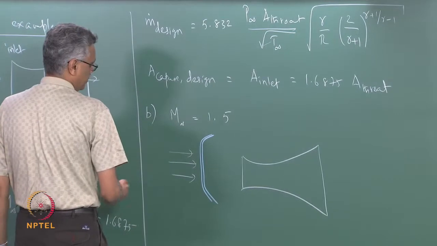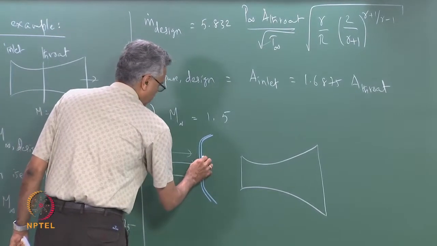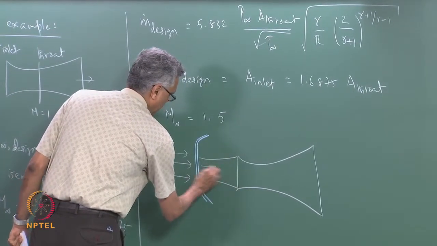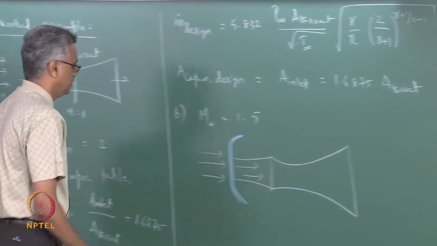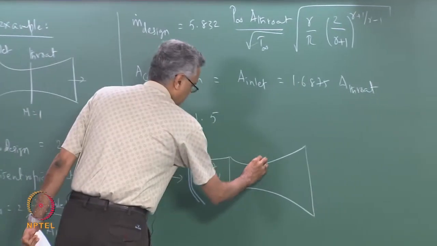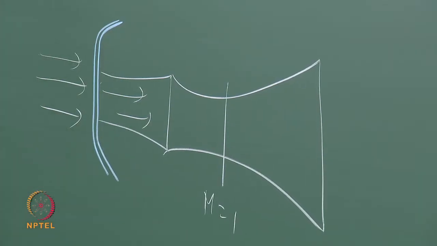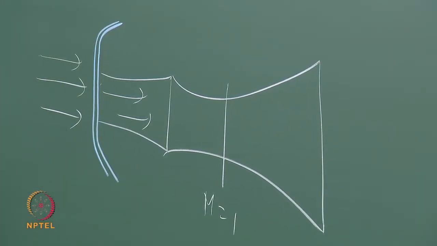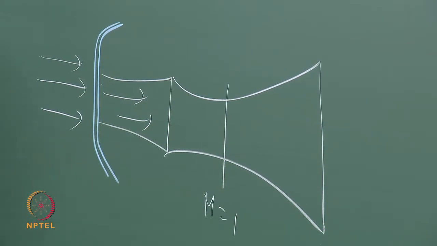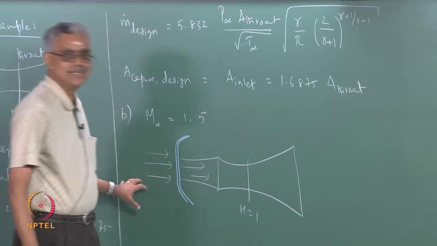These are the free stream conditions, and the flow comes through and then goes through the intake in this manner. We can assume that the throat Mach number still remains at M equal to 1, and so what we need to do is calculate the mass flow rate which goes through the diffuser in this case.